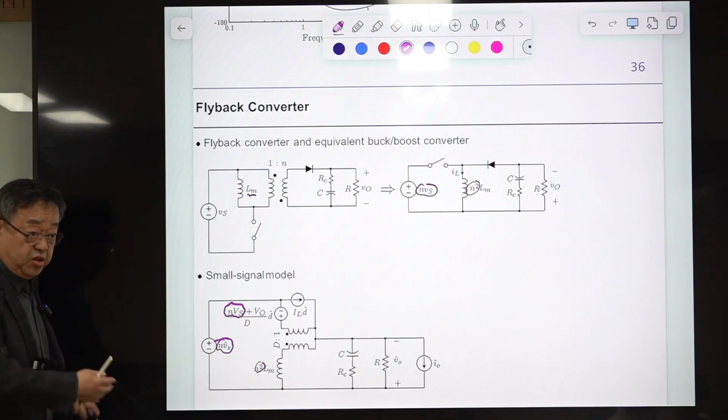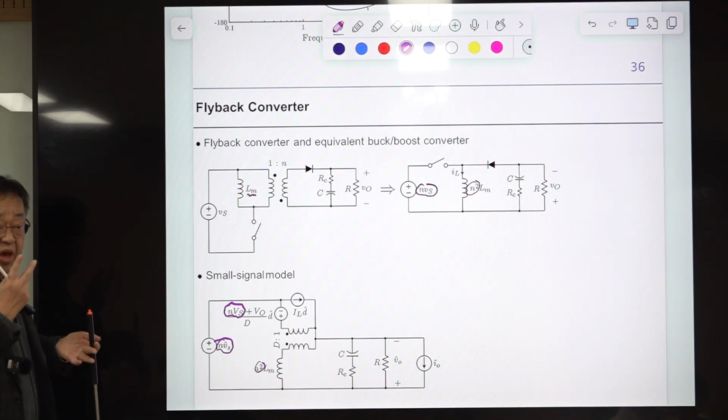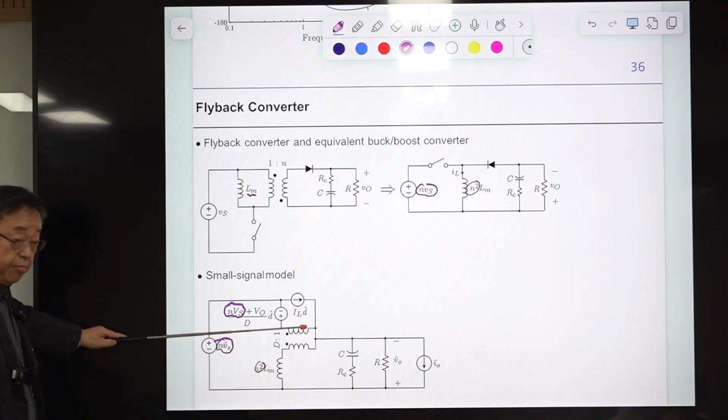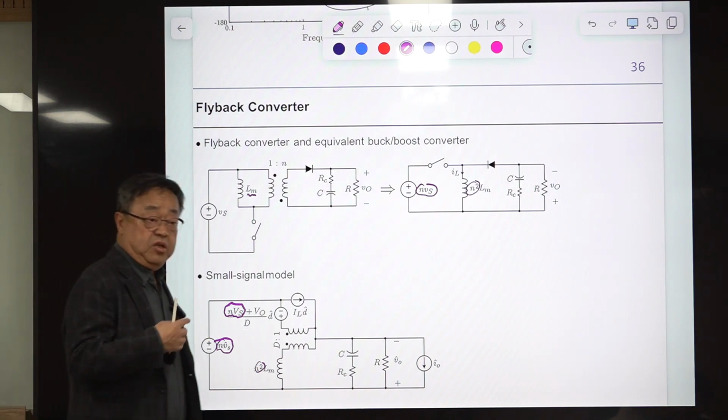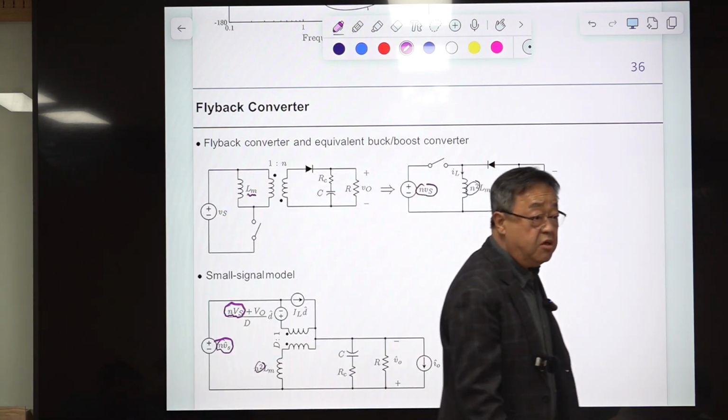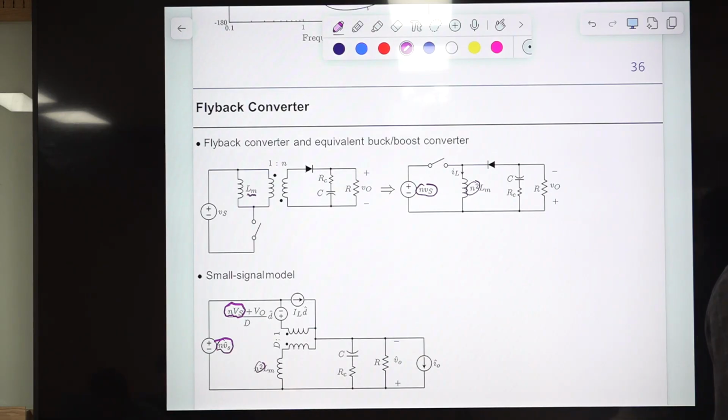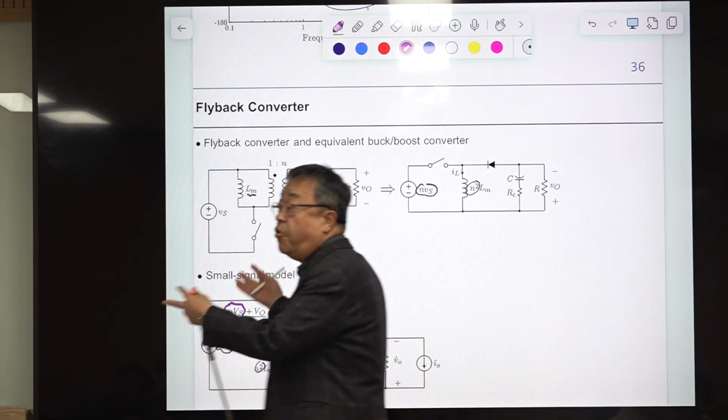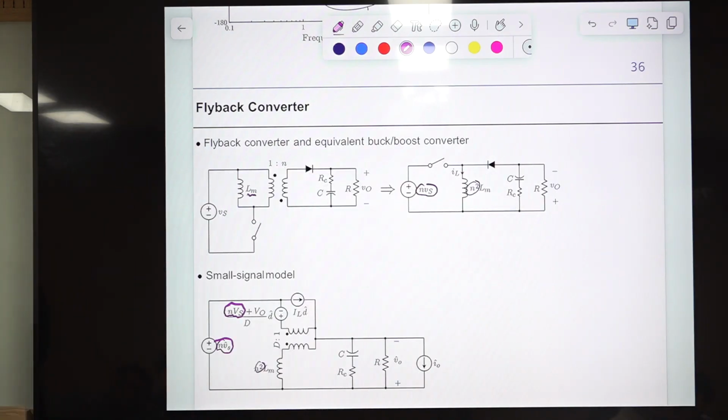From this, you can derive the three basic transfer functions of this converter, following the exact same procedure as in the case of the buck-boost converter. So all the isolated converters have an original converter, and by just modifying the small signal model of the original, ancestor converter, you can easily derive the small signal model of isolated converters.